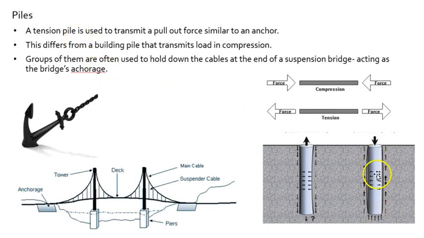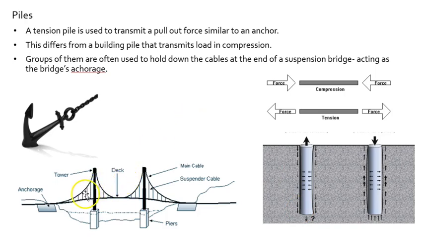Here's a compressive pile, which is what we typically find in a building. The structure of the building is weighing down on the pile, and the earth is pushing back up on the pile. A tension pile is the opposite, where something is pulling up on the pile, and it is friction that keeps the pile resisting it.